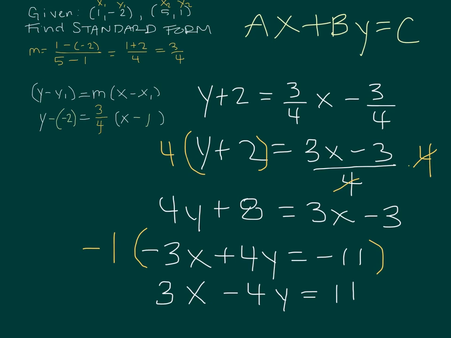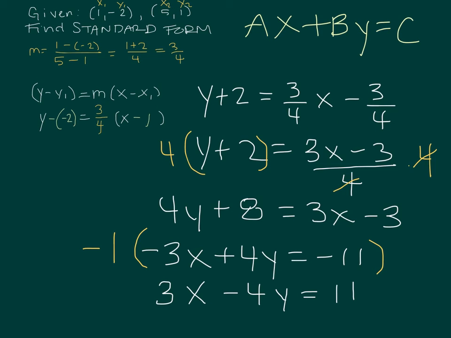Plug in what I know. I've got slope, and then I chose this point, so I plugged in -2 and a 1, simplified, and I got this equation.